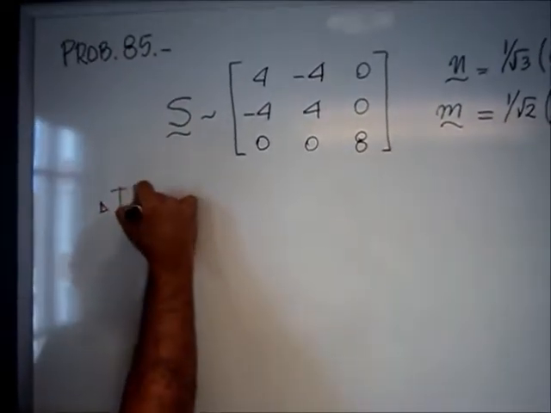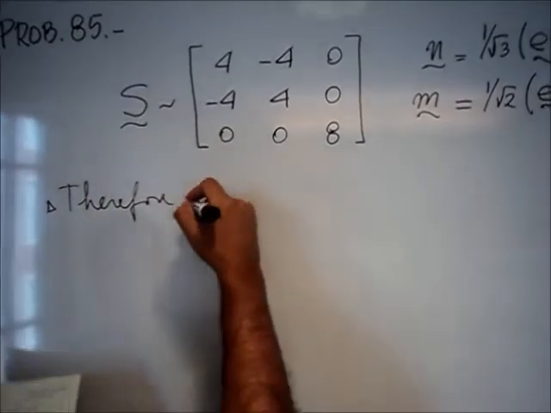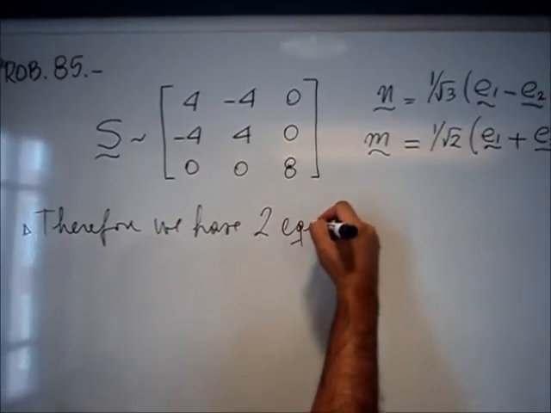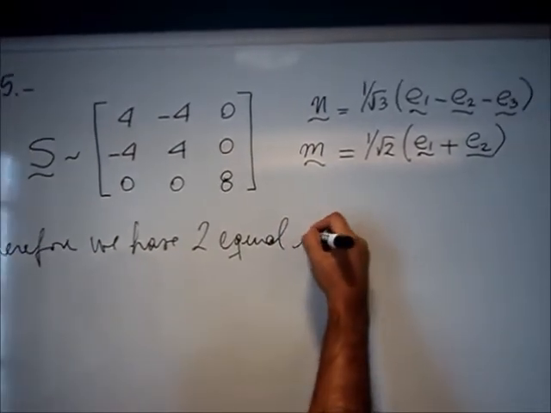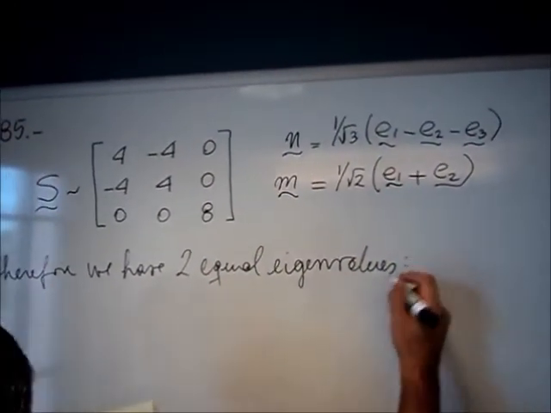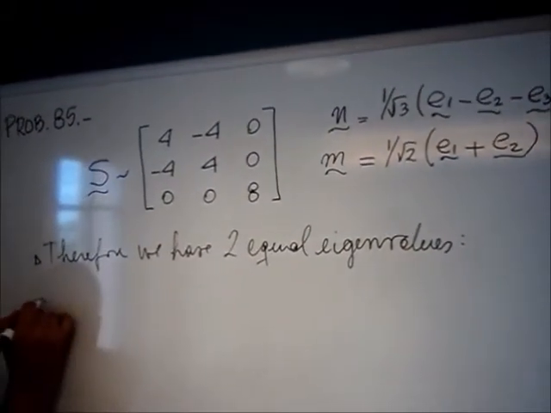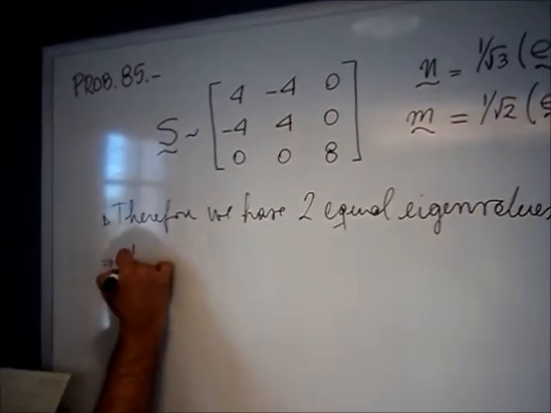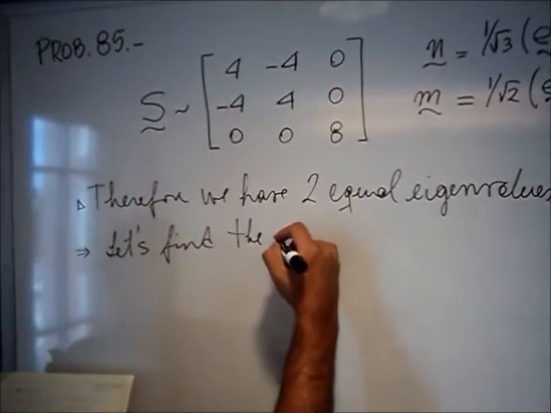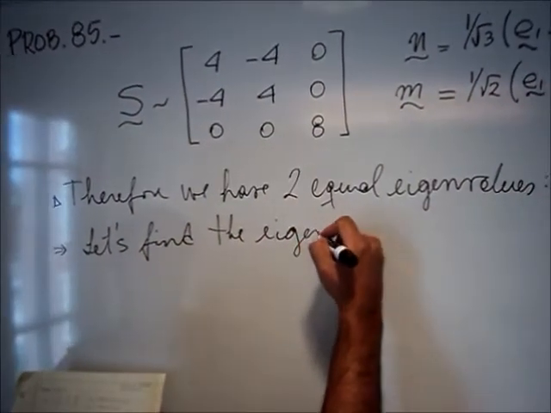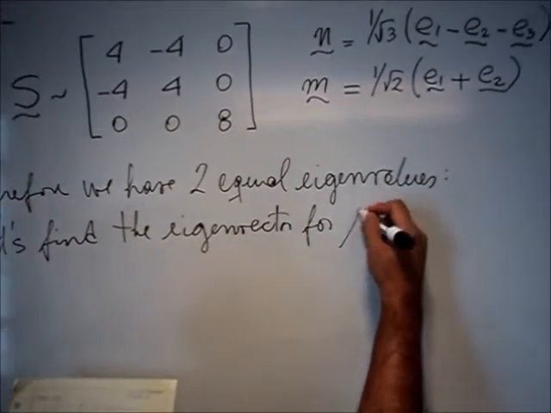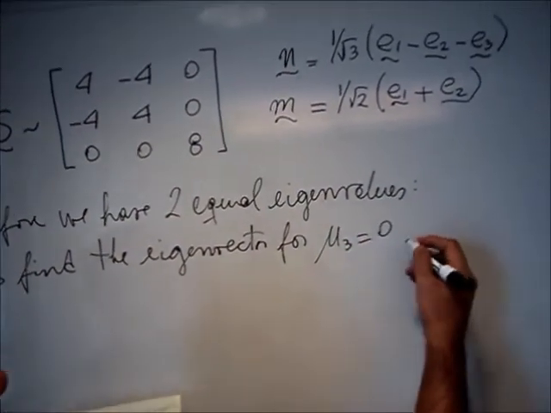Therefore, we have two equal eigenvalues. Let's find the eigenvector for mu3 equals 0.